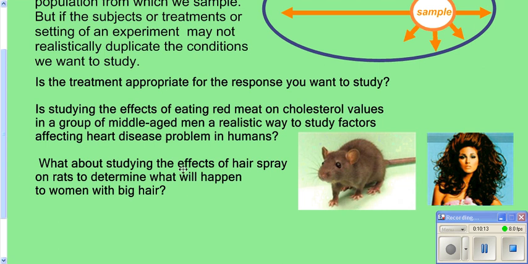If you're looking at the effects of hairspray, yes, you could put hairspray on rats and look at the effects, but is that going to really be telling you what's going on with big-haired women who like to use lots of hairspray? That is not either.